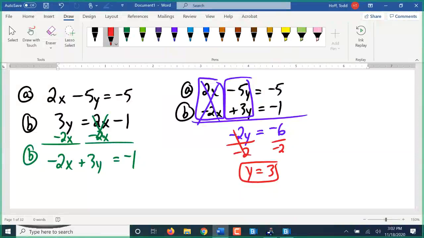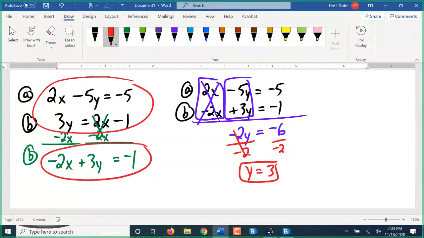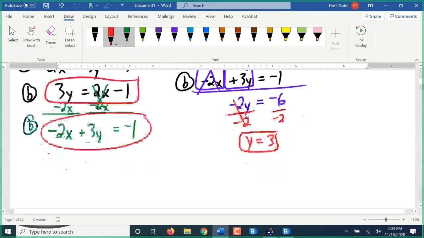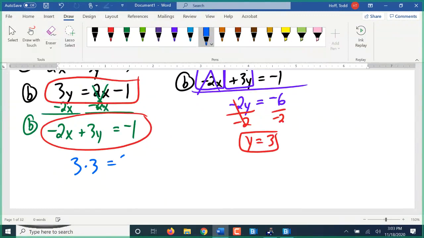Now to find x, I can go back to one of the original equations, or I can go back to the one that I solved for. In this case, I'm going to go back to this original one, the bottom one, because that already has x and y on opposite sides of the equation. So I'm going to put in there 3y becomes 3 times 3 equals 2x minus 1.